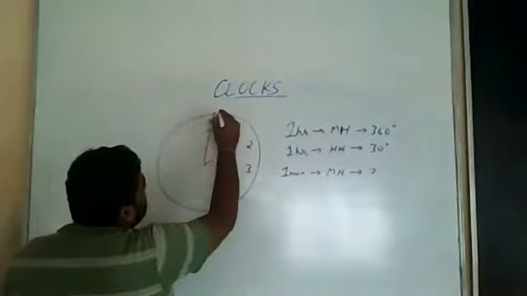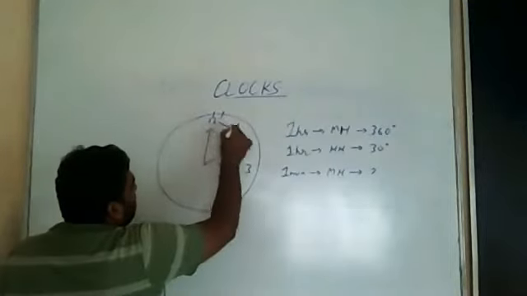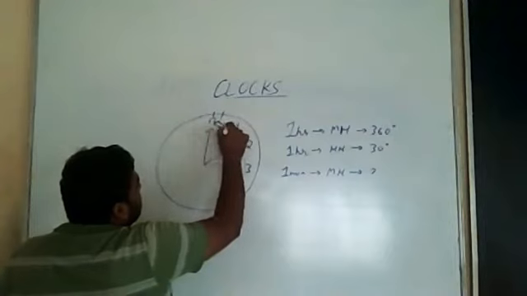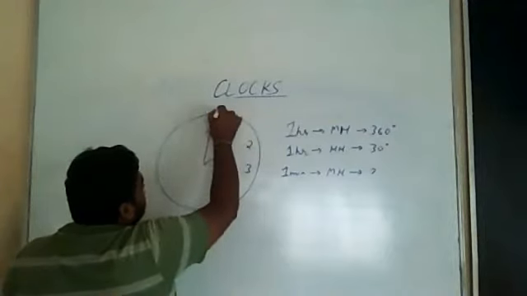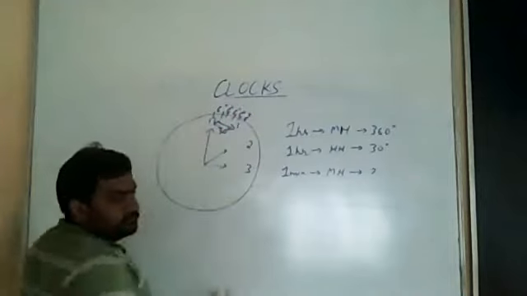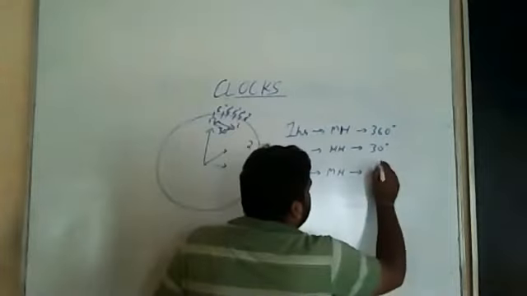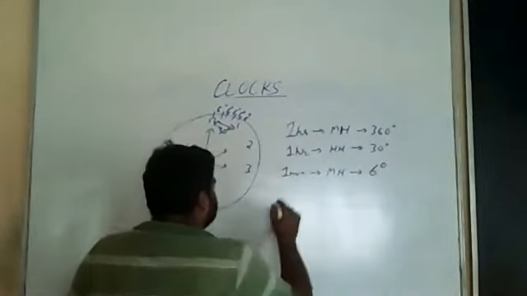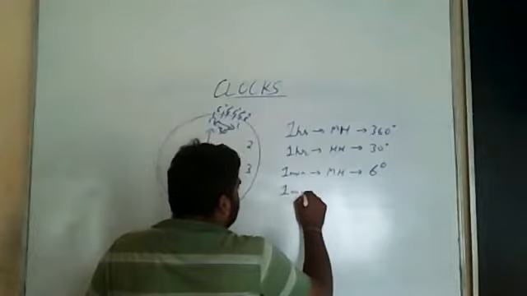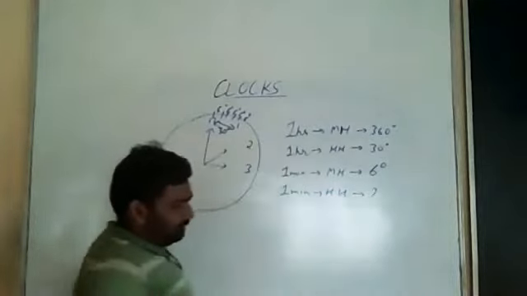Why? After 1 minute the minute hand goes from this degree to this degree. In between there are 30 degrees and 5 gaps, so each gap is 6 degrees. So in 1 minute, the minute hand goes 6 degrees. In the same 1 minute, the hour hand will go how many?